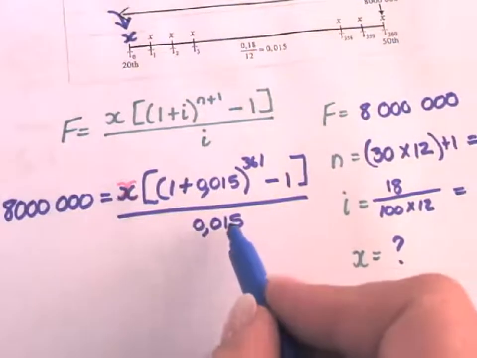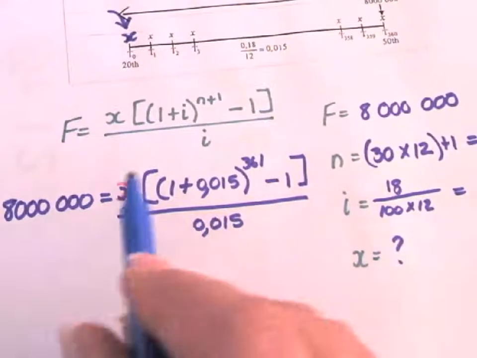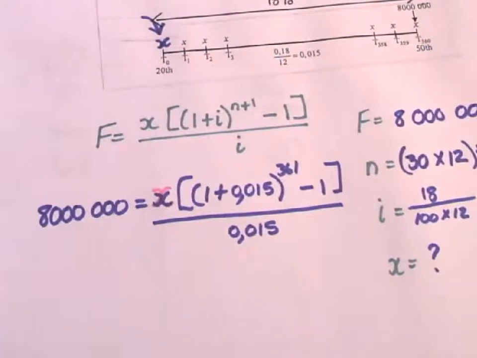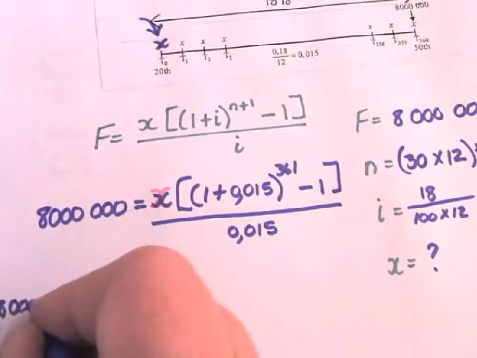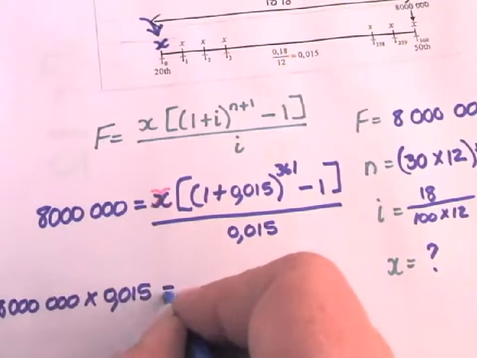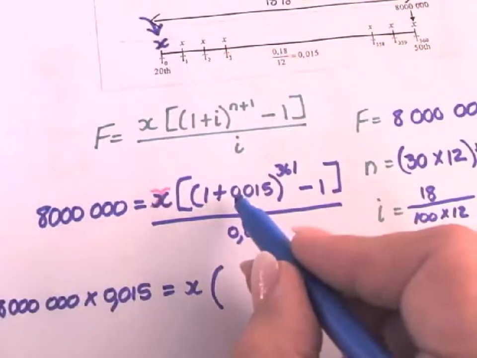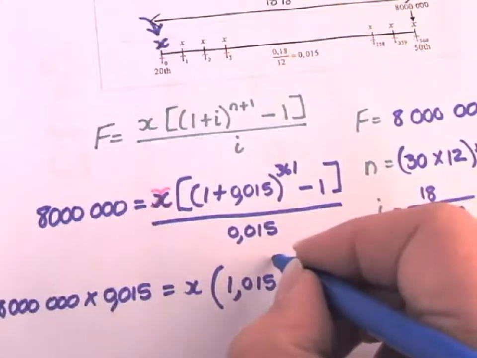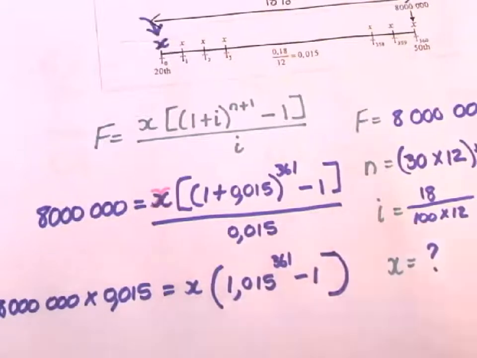That means that we have to first multiply with the 0,015 on both sides of the equal sign. So it's 8 million times 0,015 equals X times (1 plus 0,015, which is 1,015, to the power of 361 minus 1).